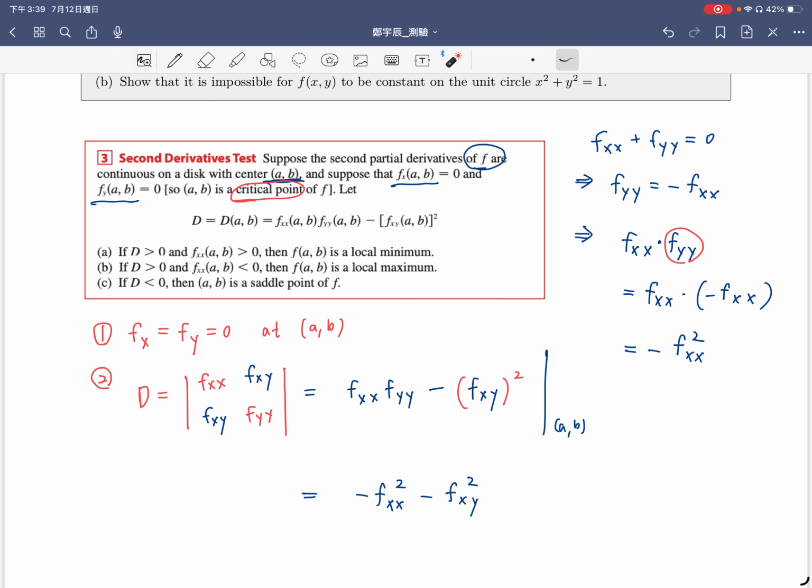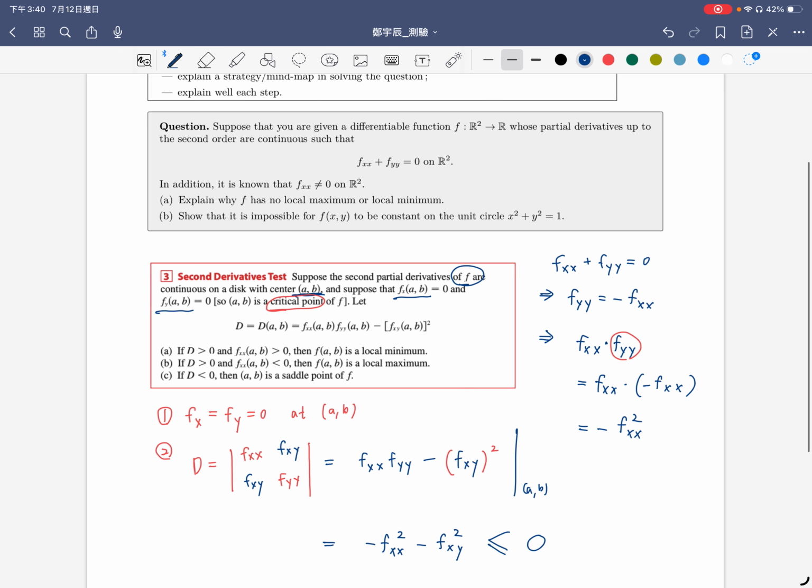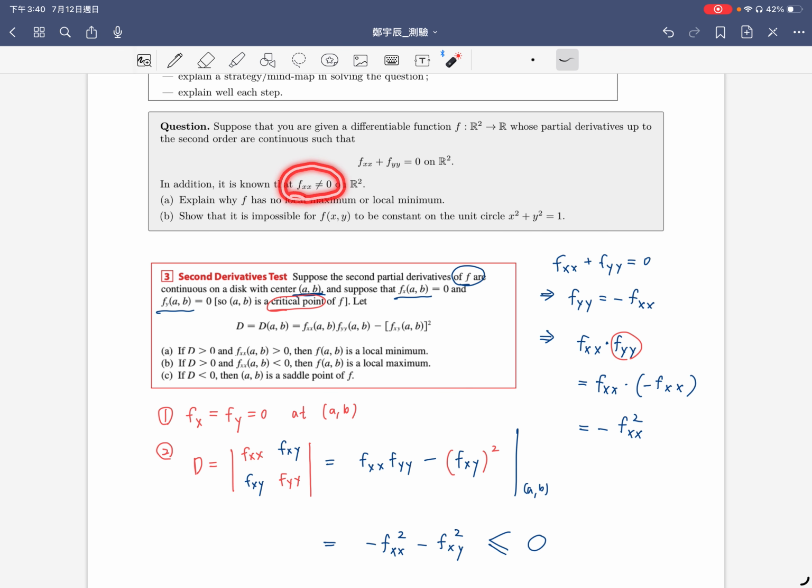The first term is a square with a negative sign, and the second term is also a square with a negative sign. That means the value here should always be negative or equal to 0. However, we are given fxx not equal to 0, and therefore the value here should be strictly negative.